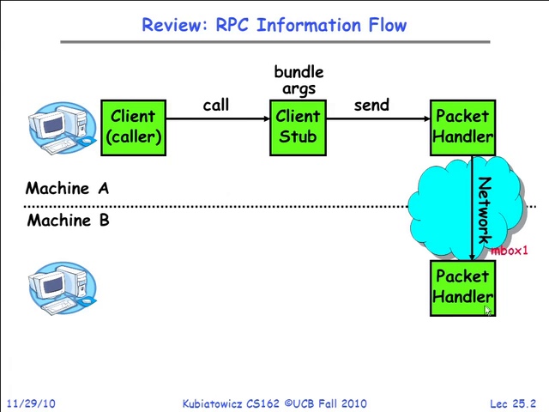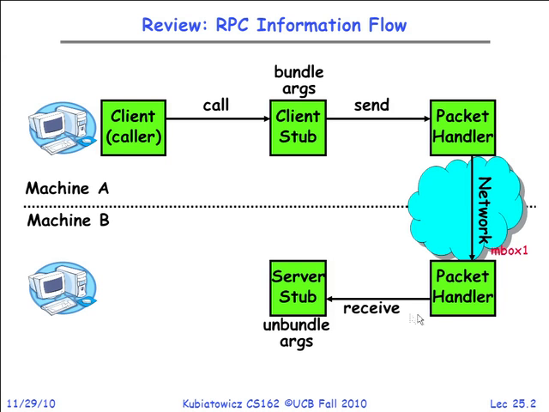That packet is received by a server stub. These two stubs are mirror images of each other, because this stub pulls the arguments out of the message, translates from the network-independent format back into the local format of machine B, and then calls the actual procedure. Notice that this procedure call resulted in this procedure call.